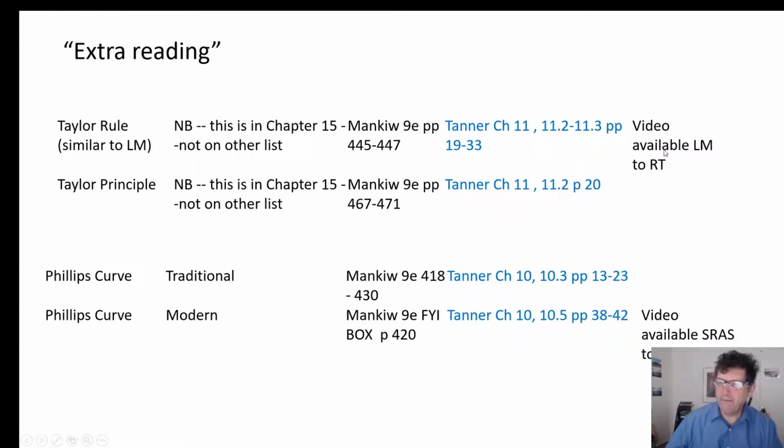And there is a video just to remind you of the LM to RT, how the two ideas correspond to one another, but they're pretty similar. And the same thing, the idea that a modern Phillips curve is basically a short-run aggregate supply curve. MemoT2 has a box on page 420, but also we have some video material. And also, if you really want to get a little deeper into it, have a look at my chapter 10.